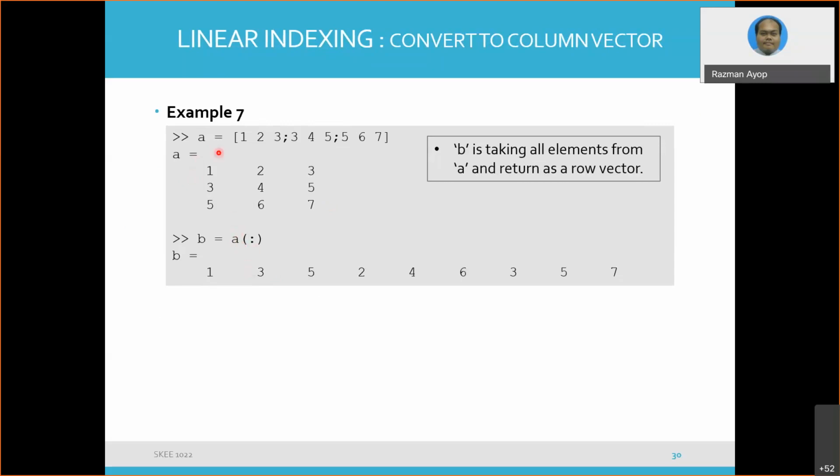So instead of a matrix, it will create a vector, starting from 1, 3, 5, and then 2, 4, 6, and then 3, 5, 7. So it will become a vector.